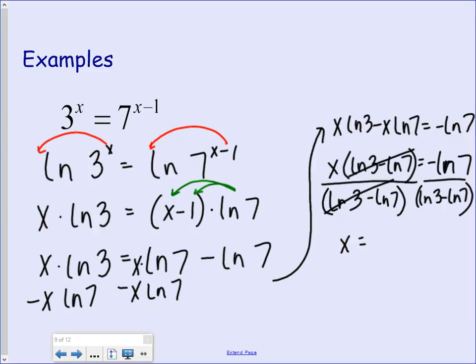So when I type this into my calculator, I get positive 2.297 because I'm waiting to round till the very end.